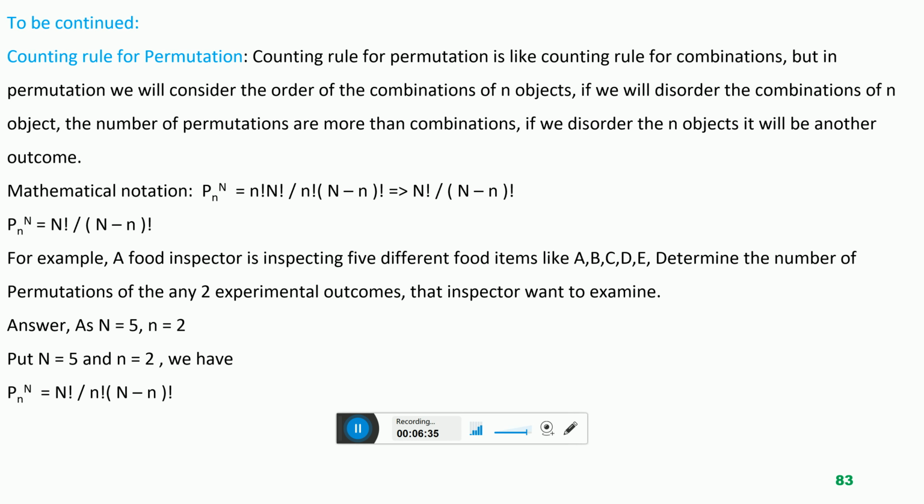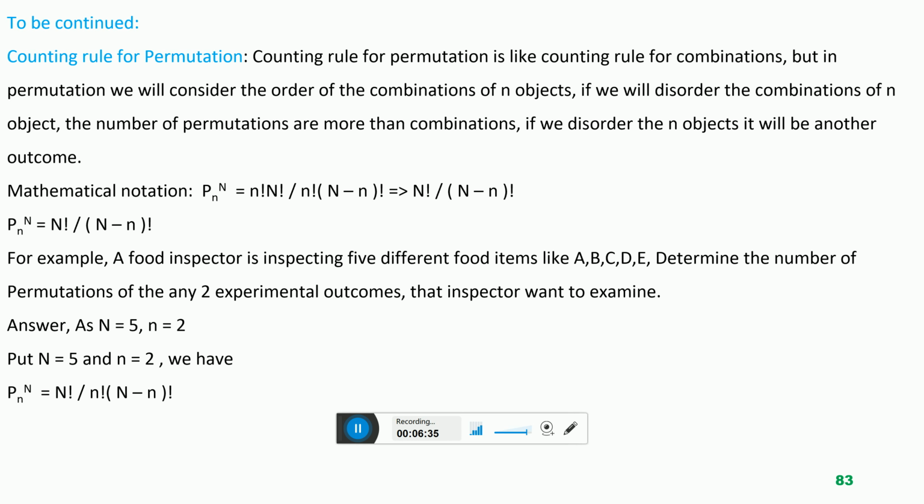The inspector is inspecting 5 food items but will choose only 2 from the 5, and this 2 is small n, the selected group of items.